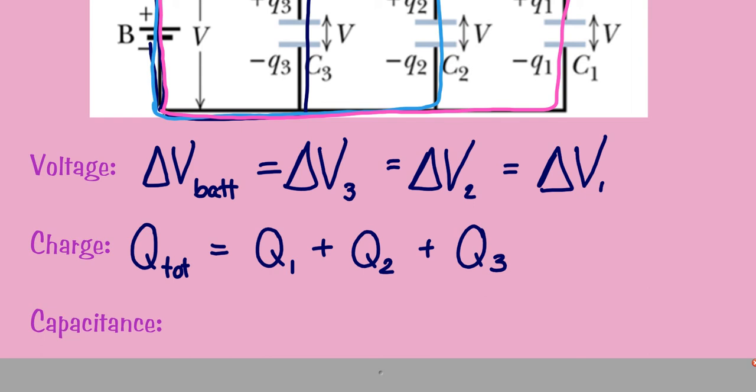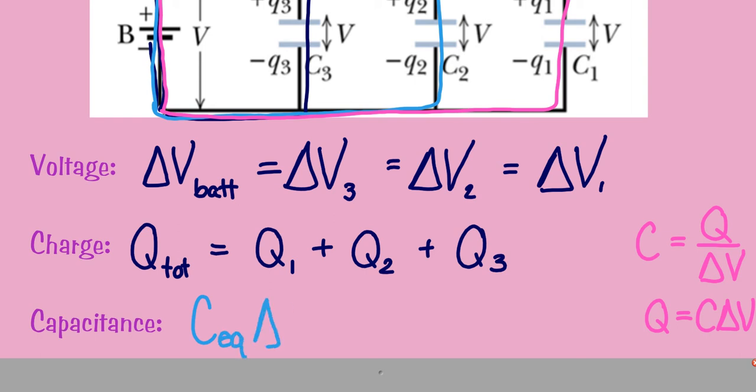To come up with that equation, I'm going to start out with my fact about charge, and I'm also going to use my equation that I know is true for capacitance, which is that capacitance is charge divided by potential difference. Rearranging that equation tells me that charge is capacitance times potential difference. So the total charge would be equal to the total capacitance times the total potential difference.